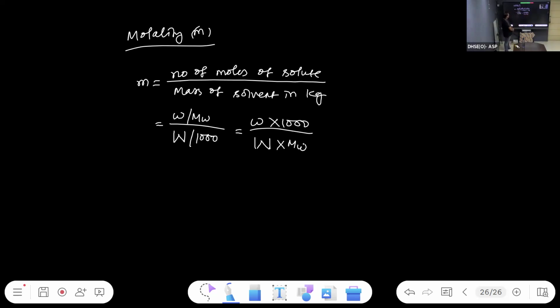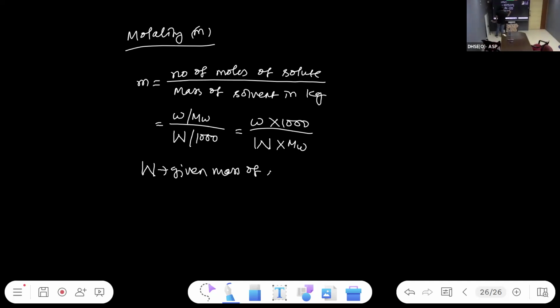We can write the meaning of the symbols again: small w is the given mass of solute in gram, capital W is the given mass of solvent in gram. If it is given in kg, there is no need to divide by 1000. And MW is the molar mass of the solute. Students, quickly note it down.